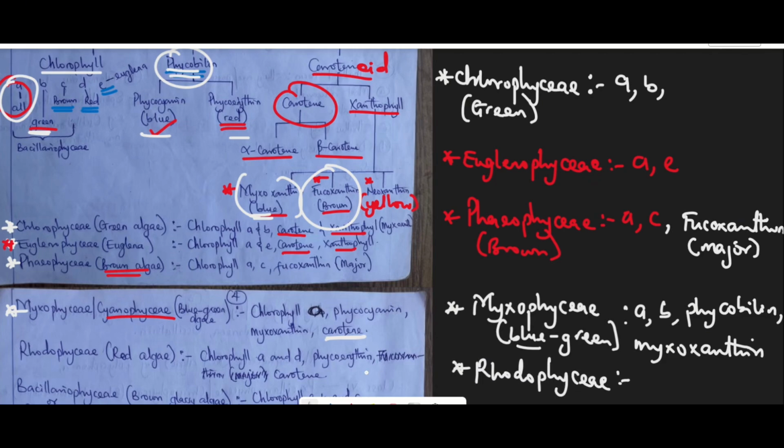For Rhodophyceae, what do I have? Chlorophyll A will certainly be there because it is all. Then chlorophyll D tells us red because Rhodophyceae is for red. So I have chlorophyll D there. Okay, let me trace it down to this place and see phycobilin. I have red here. So it means that phycoerythrin will be part of it.